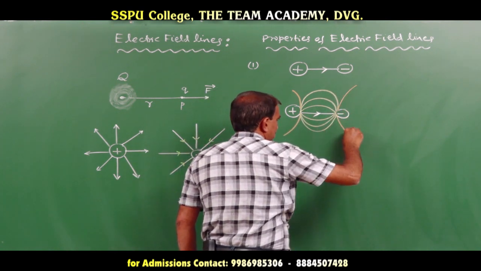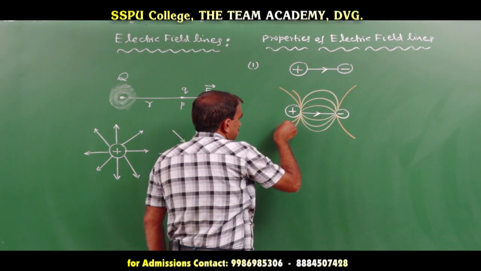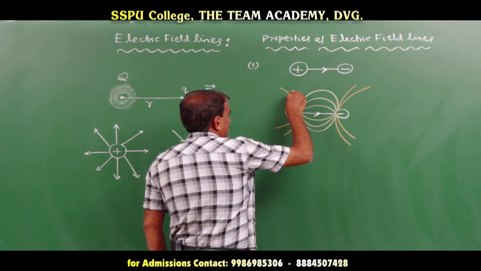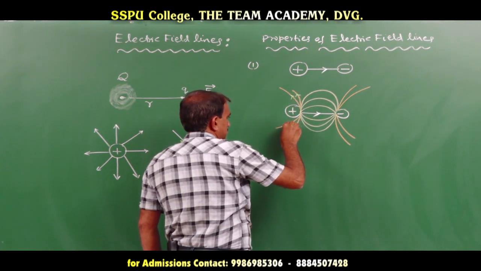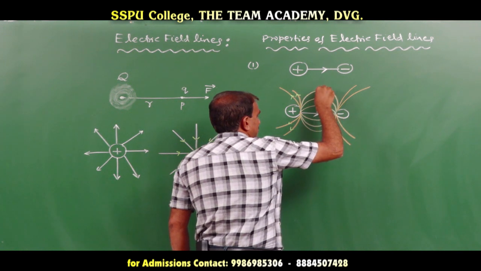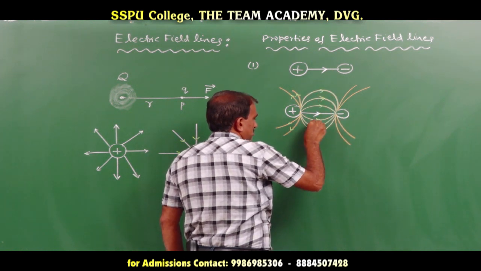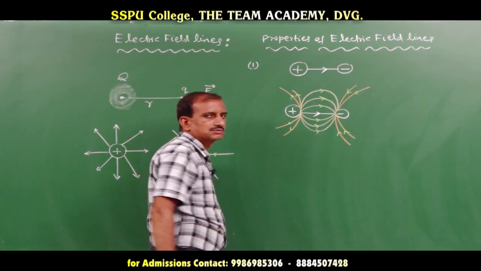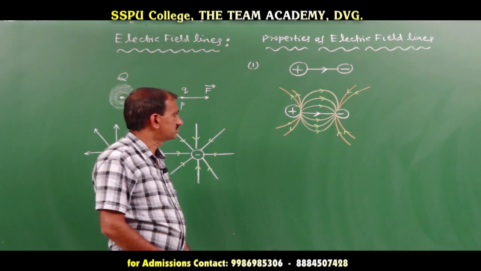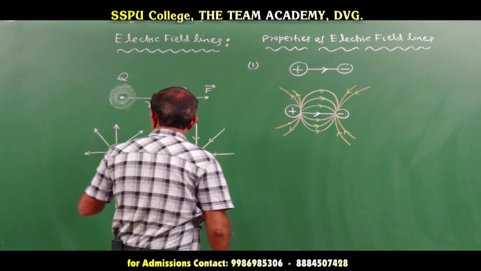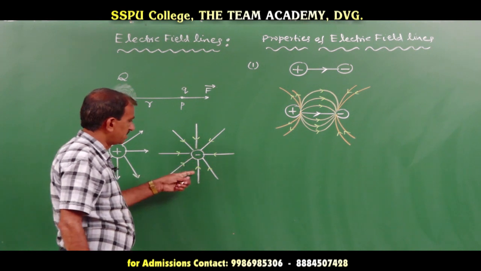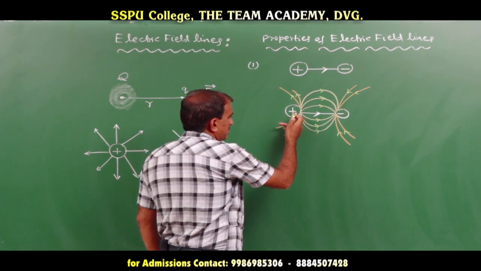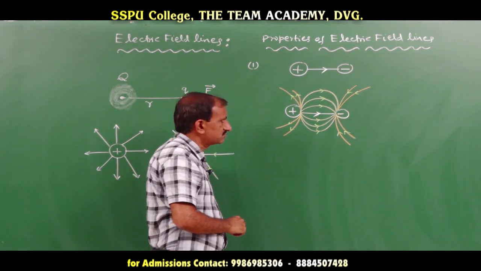For a positive charge, the electric field lines are radially outward, and for a negative charge, they are radially inward. And the electric field lines start from positive charge and end on negative charge.